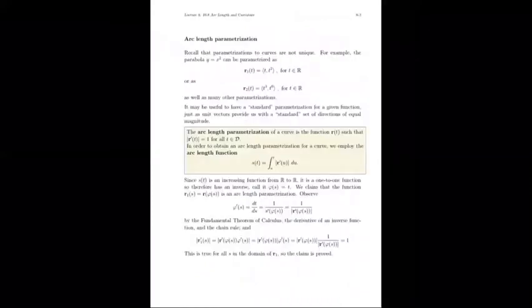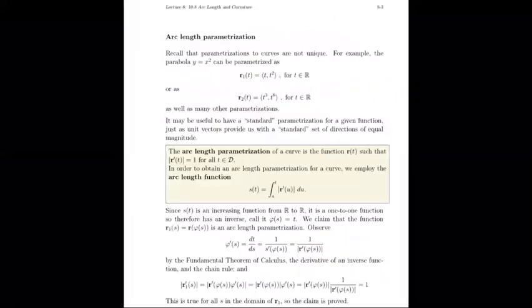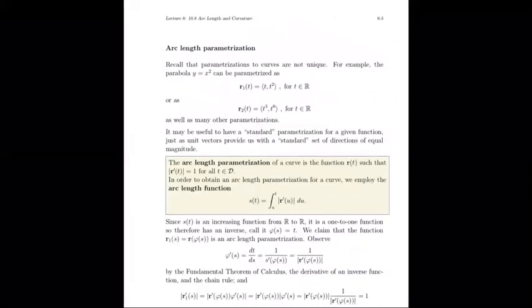Okay, so something more interesting we can do with arc length is use it to reparameterize curves so that they are arc length parameterized. In other words, they move at the speed of their own curve, or 1 to 1 for each point on the curve. Recall that parameterizations are not unique.